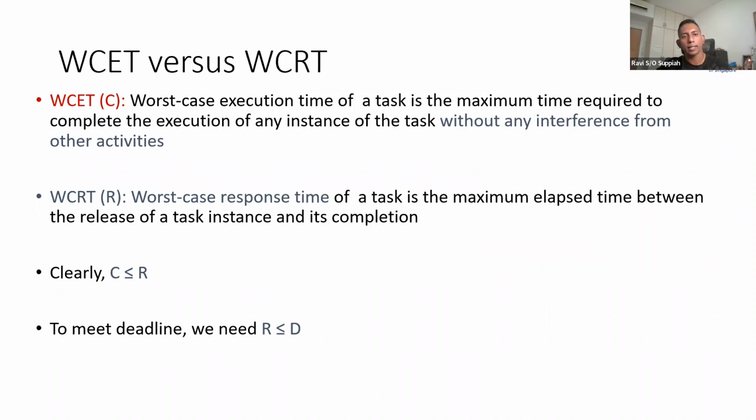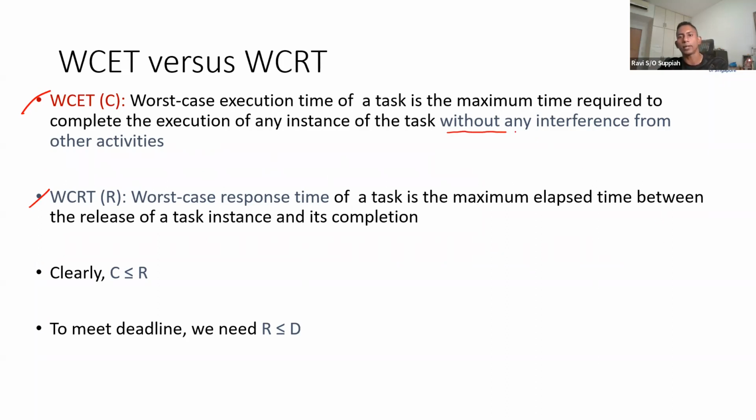This is just to help us have an easier way of analyzing the behavior of the tasks. The next thing is the worst case. We saw the worst case execution time. Now, what is the worst case response time? Worst case response time is basically the same as worst case execution time, except that you are including the concept of interference.